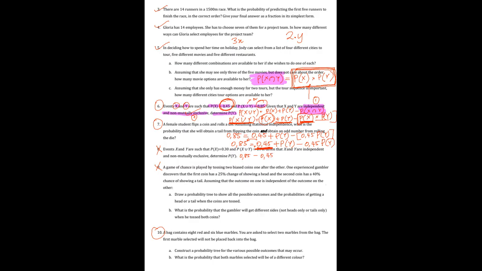And now on the right-hand side, you got rid of this, and you're left with only these two. So it says PY minus 0.45 PY. Okay, so now you can work out the actual values on either side. On the left-hand side, 0.85 minus 0.45 is 0.4.